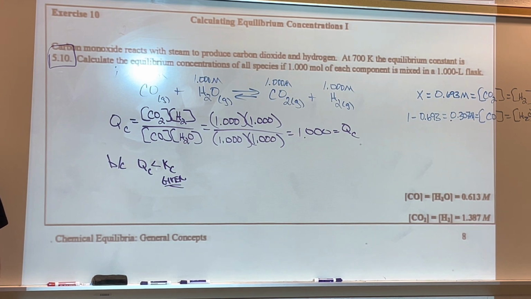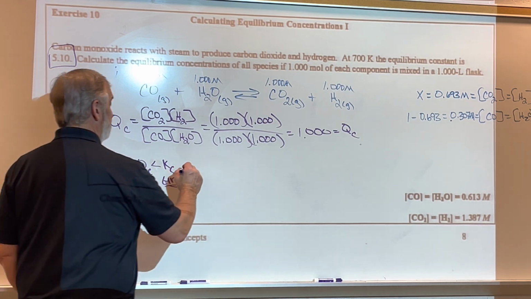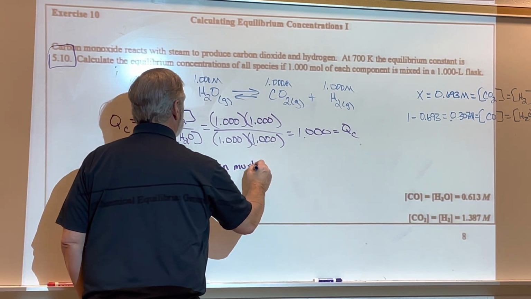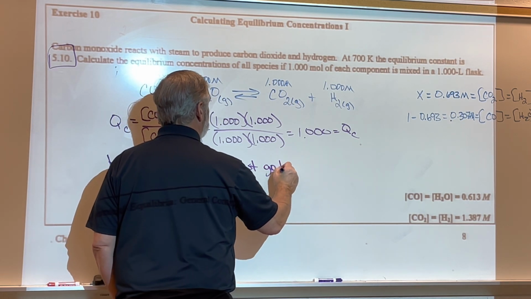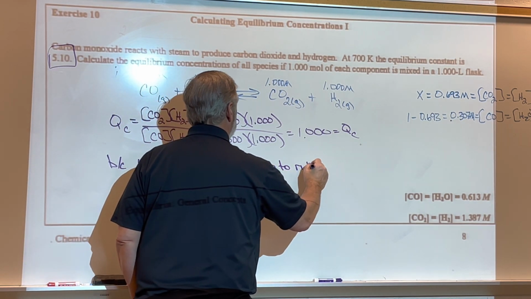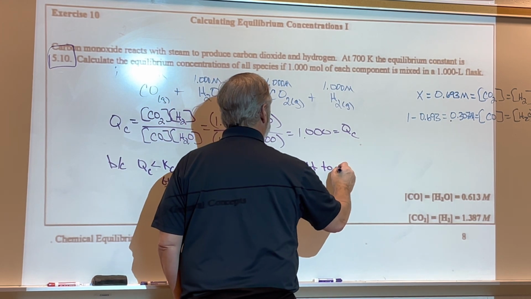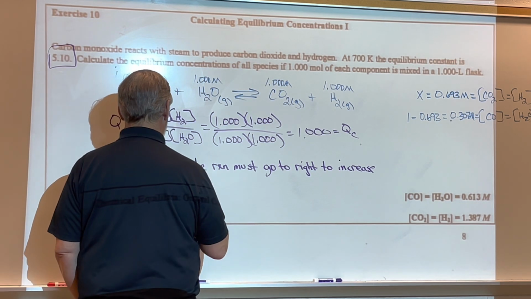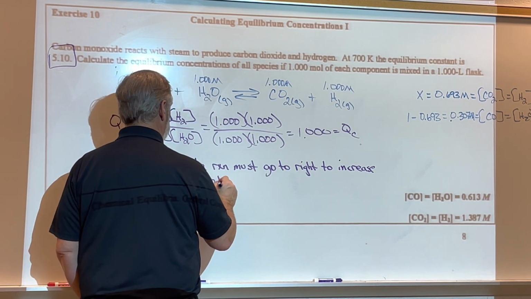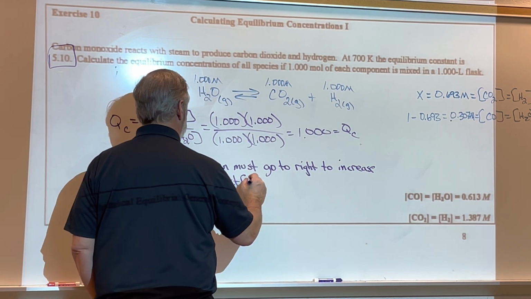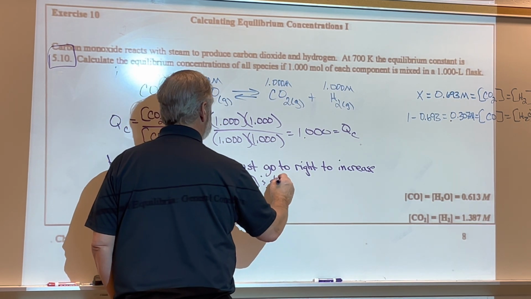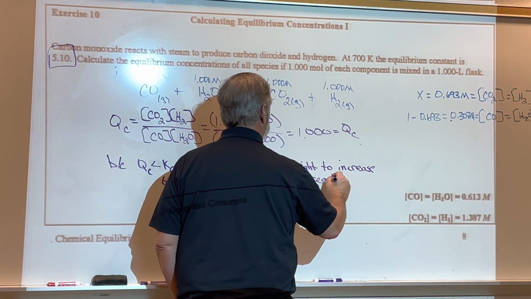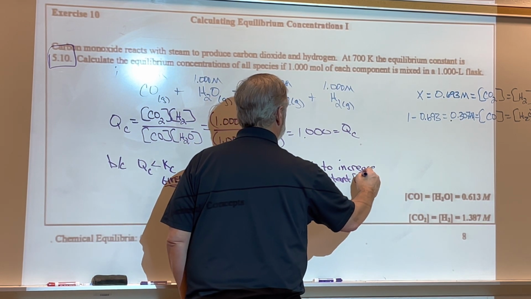Because Q is less than 5, the reaction must go to the right to increase product concentration and decrease reactant concentration.